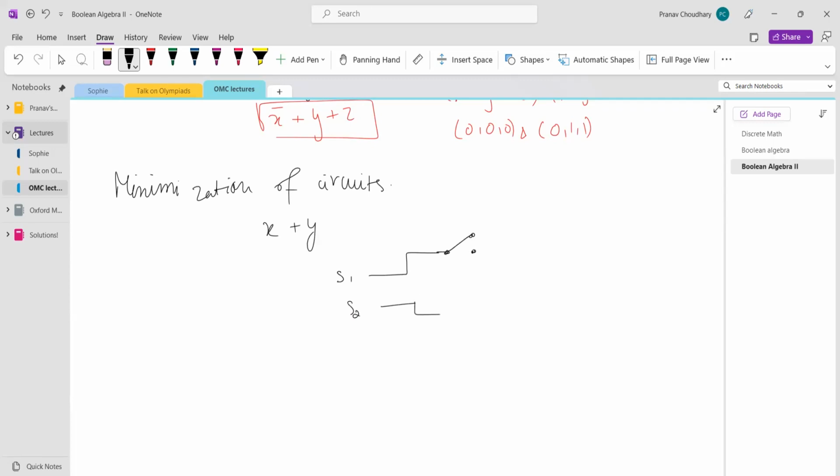There's a switch here and a switch here, and this is the output wire. This is the same wire basically here. So, is this a good way to? I had something different in mind when I was doing this.